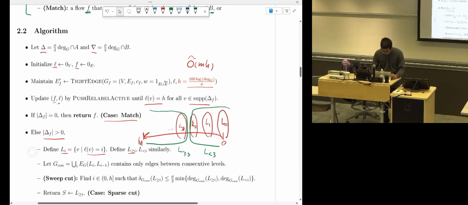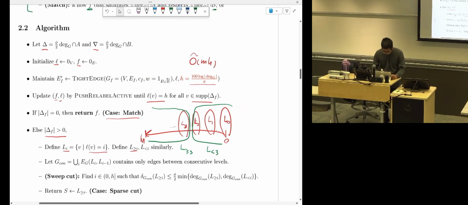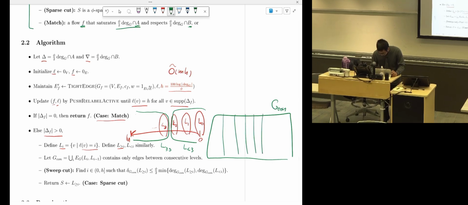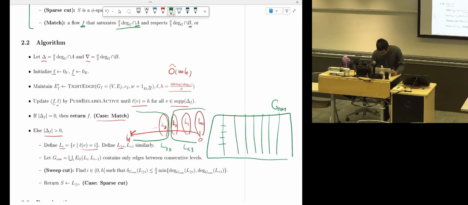Maybe I'll draw it. G-con is such that it has layers, and all edges are only between layers. It's a layer graph. L0, L1, L2, L3, up to LH.